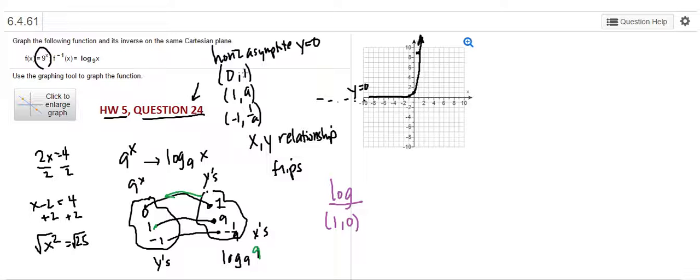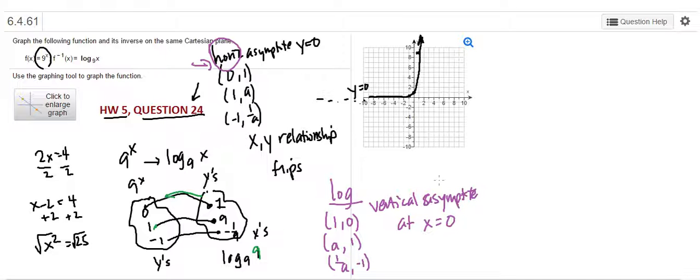Right, the x becomes the y and the y becomes the x. I go through a, 1, and I go through 1 over a, comma, negative 1. And instead of a horizontal asymptote at 0, what's the opposite of horizontal, the inverse of horizontal? It's vertical. I'm going to have a vertical asymptote at x equals 0.